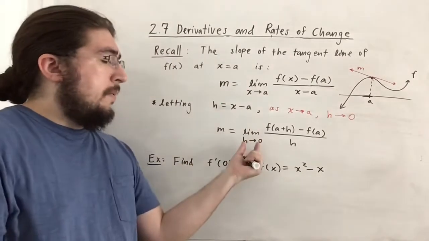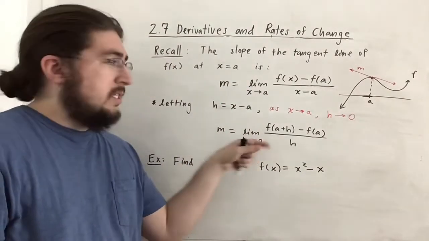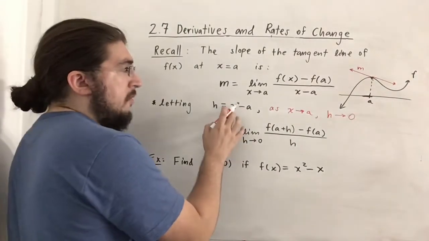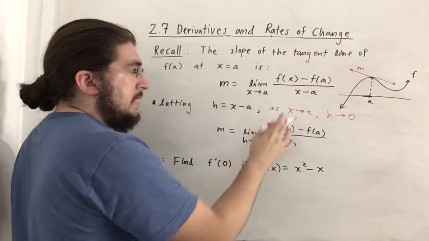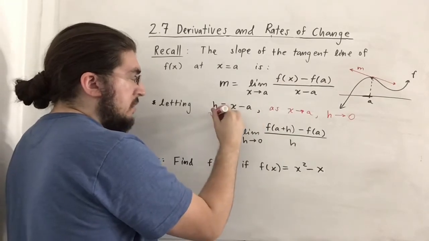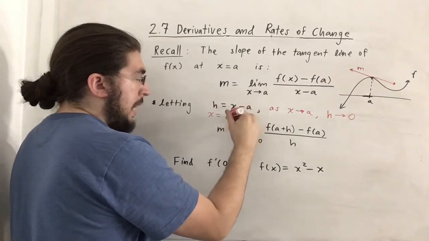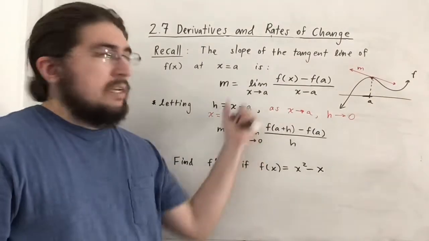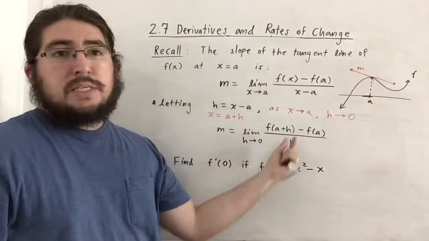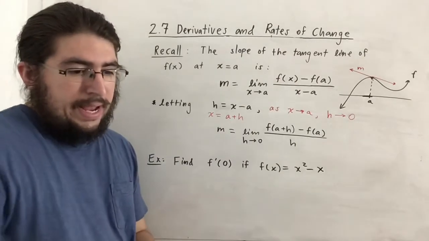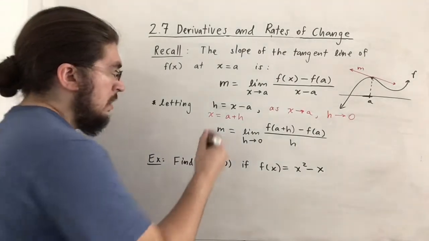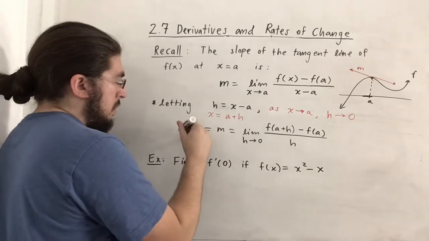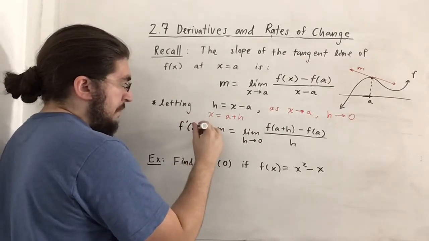So replacing the limit part with h goes to 0, we're replacing the denominator with h, and notice if you solve for x here to replace f of x, just add h to the other side, you get x is equal to a plus h. Perfect. So this is enough motivation to translate this expression to this new expression here, and this is what we define to be the derivative, or slope of the tangent line, denoted f prime of a.